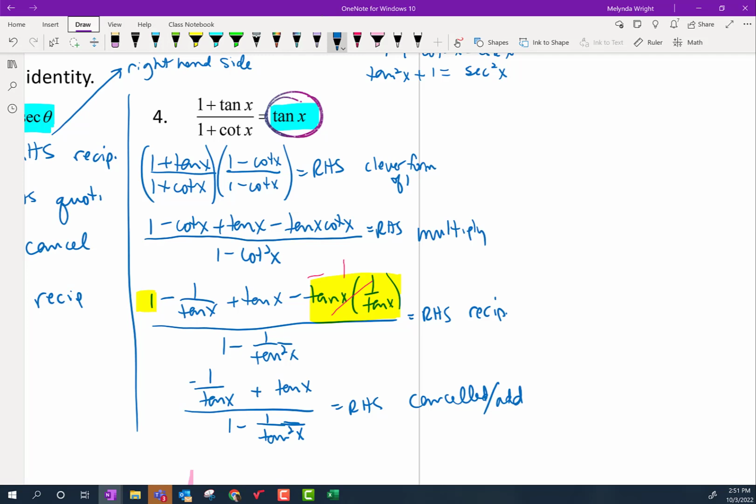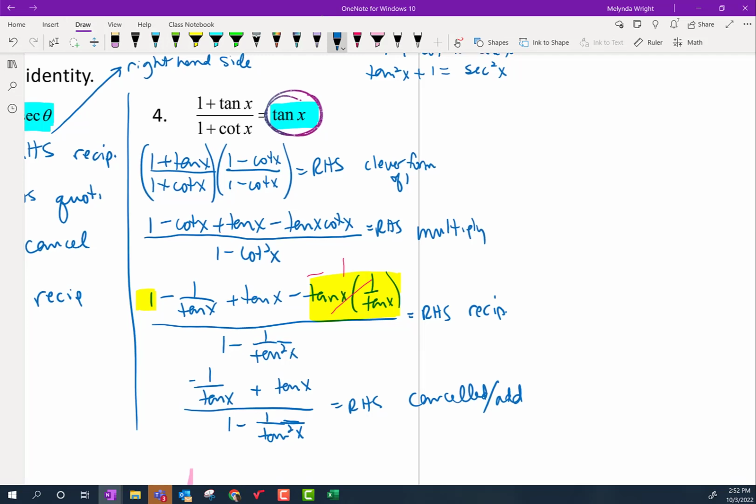Now I've got a complex fraction. What would you think if you had a complex fraction? What should we try? We should try to add the numerator together, add the denominator together, fix our complex fraction, right? We're going to go through that process that we've done so many times, and it's not our favorite thing to do, but it really is something we've got to have in our brain.